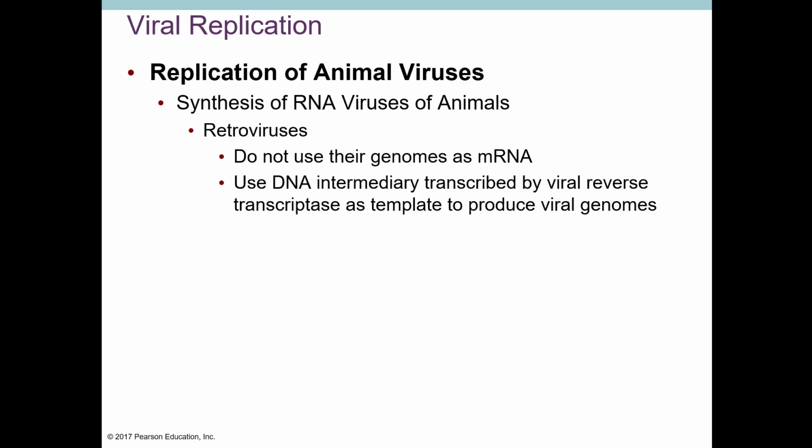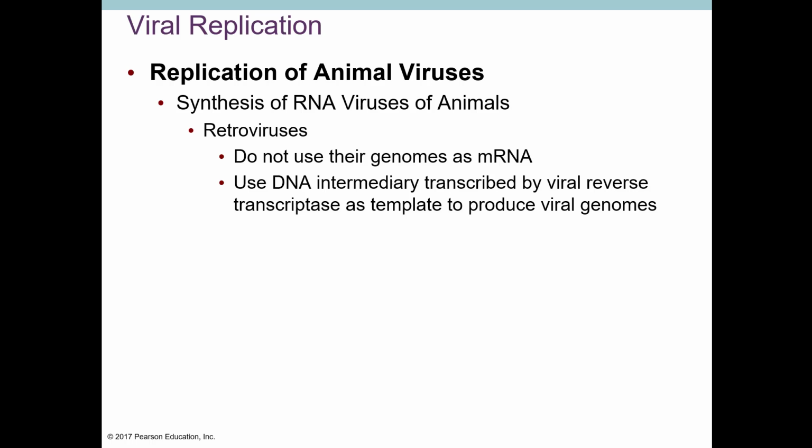So normally cells either copy DNA into DNA, we call that DNA replication, or they copy their DNA into RNA, and we call that transcription. But cells don't copy their RNA into DNA, but viruses do. There are some viruses that can do that, and that's called reverse transcription.